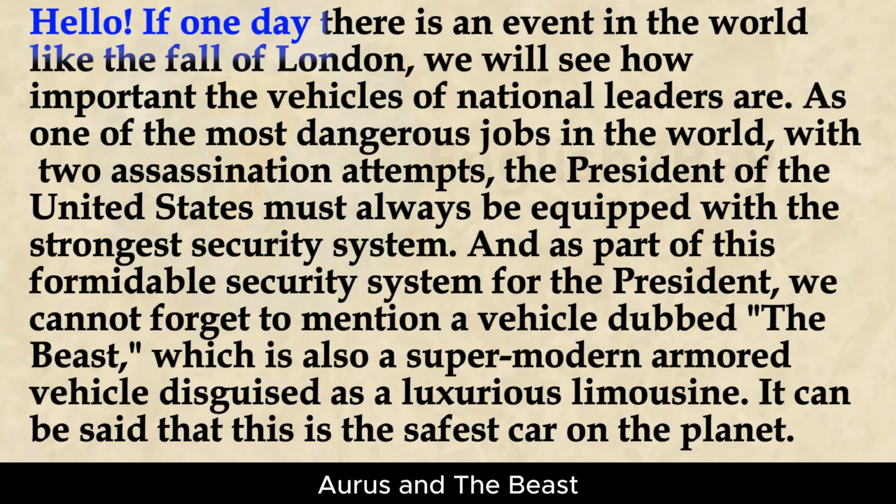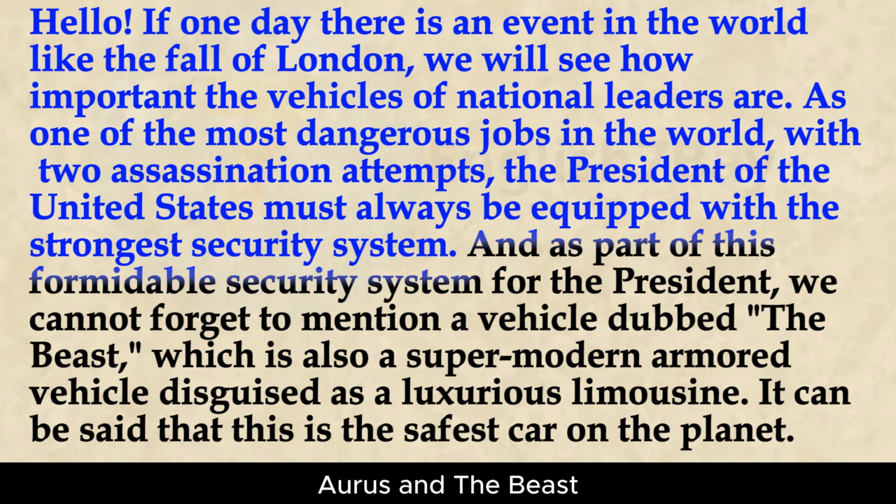Hello. If one day there is an event in the world like the fall of London, we will see how important the vehicles of national leaders are. The U.S. President has one of the most dangerous jobs in the world, with 2 assassination attempts. The President of the United States must always be equipped with the strongest security system.